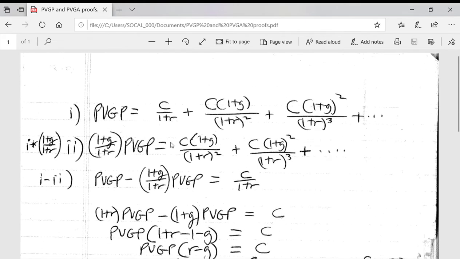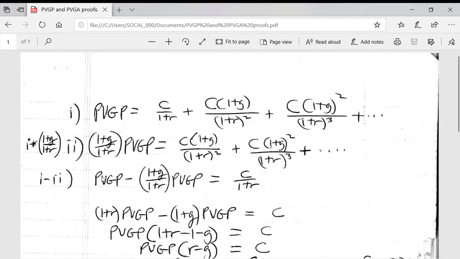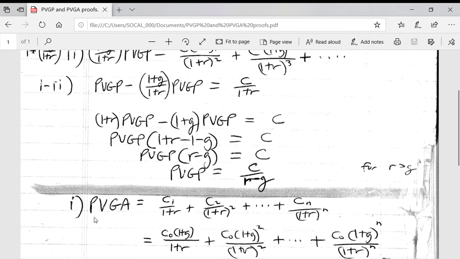Now, we're about to look at another proof. This is a proof for determining the present value of a growing annuity. Now, a growing annuity is like an annuity in that the interval between the cash flows is constant, and in that the number of cash flows is finite.